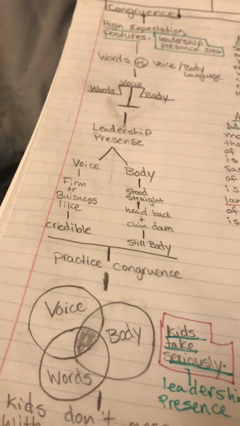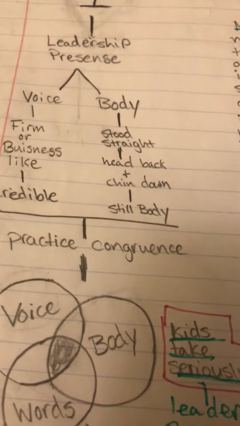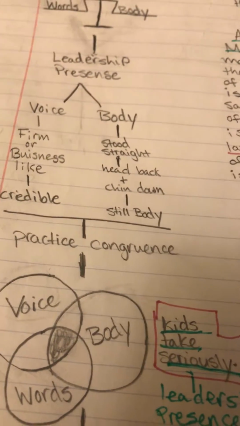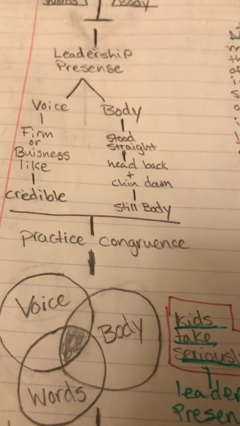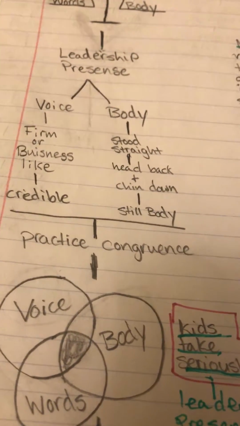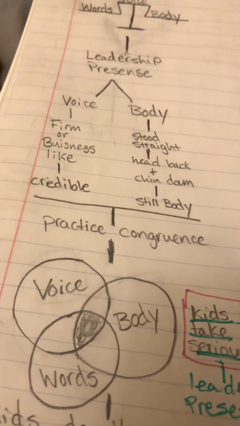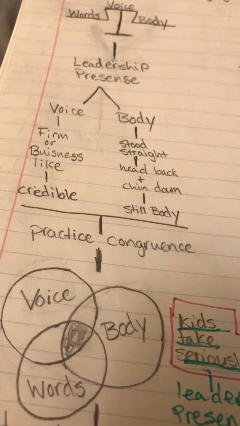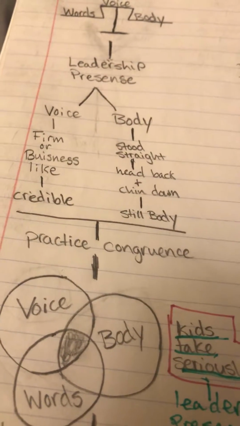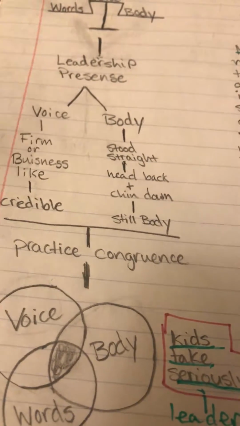Also, congruence can really help you become a leader and someone that they trust and want to model. That's what a leader is. You want to be a leader for these students, that person they can really look up to as someone they can be to be successful.